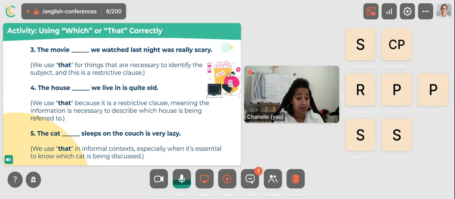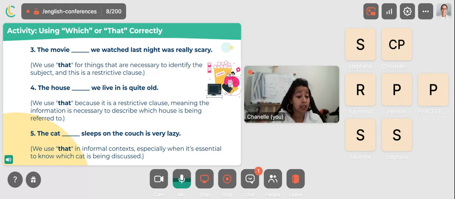The movie that we watched last night was very scary. We use that for things that are necessary to identify the subject, and this is a restrictive clause. The house that we live in is quite old.